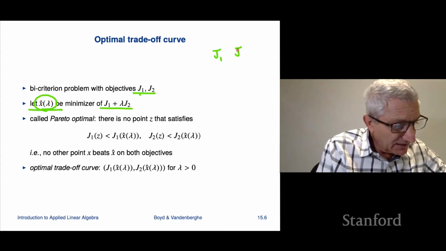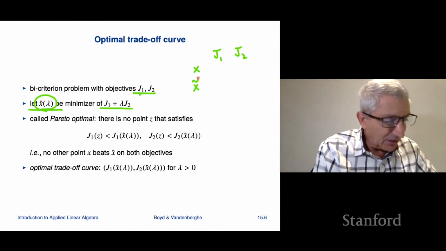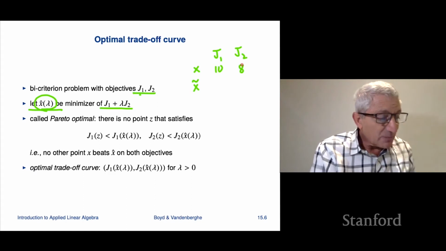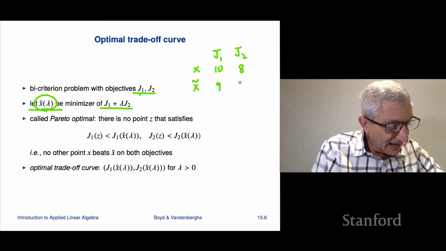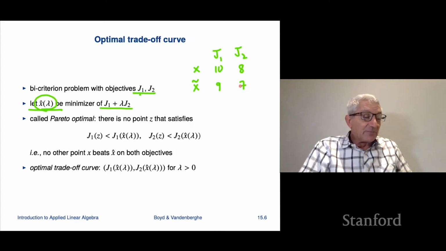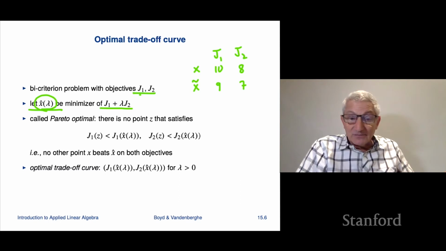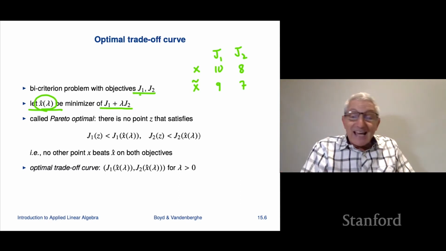This is J1 and J2, and this is x and x tilde. And if x is 10 and 8, and x tilde comes along and it's 9 and 7, right? Then for sure there's no discussion. x tilde is better. Why? Because you care about two objectives, J1 and J2, and x tilde beats x in both objectives.